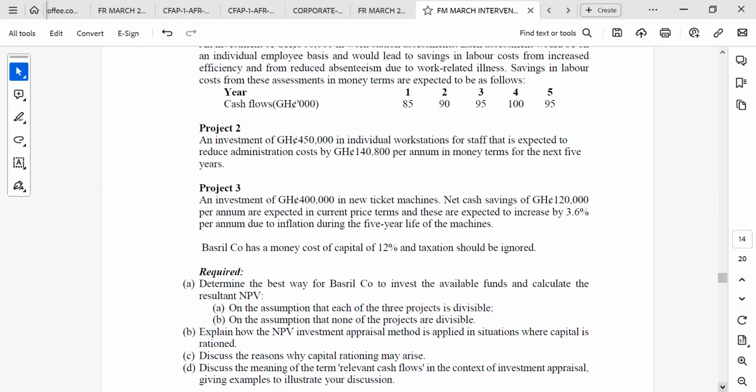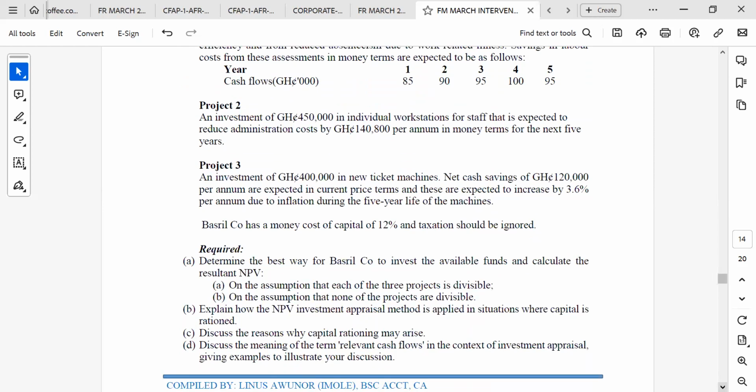Required. A. Determine the best way for Basrail Company to invest the available funds and calculate the resultant NPV. A. On the assumption that each of the 3 projects is divisible. B. On the assumption that none of the projects are divisible.